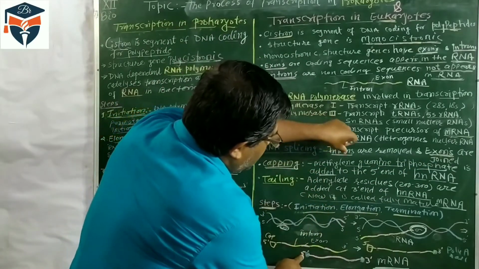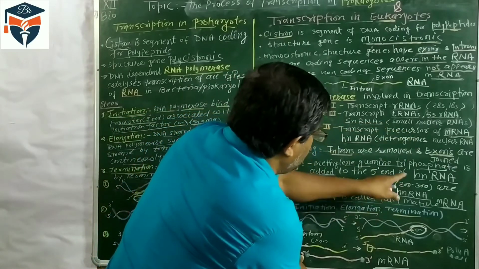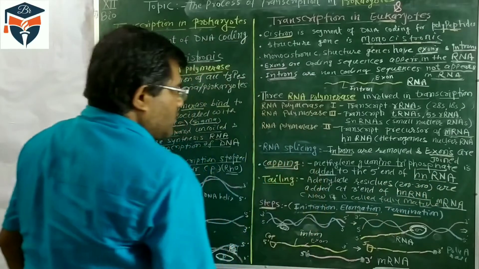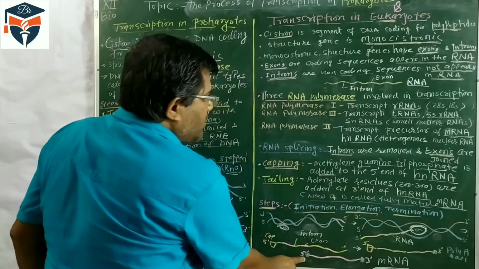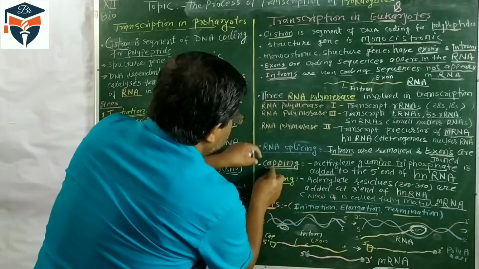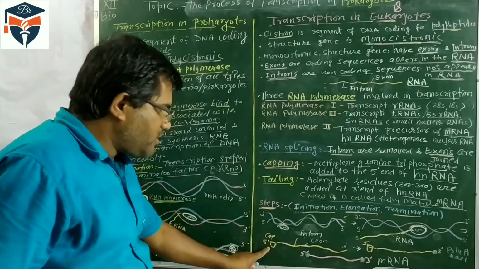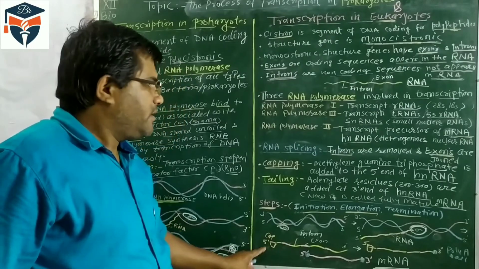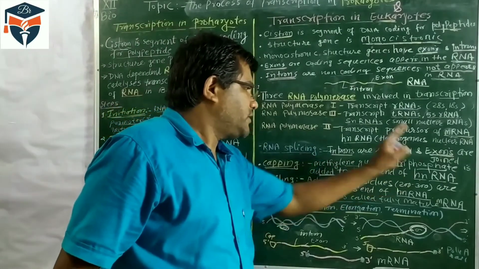Adding the methylguanine triphosphate to the 5' end of the heterogeneous nuclear RNA is called capping. So capping means on the 5' end methylguanine triphosphate is added.